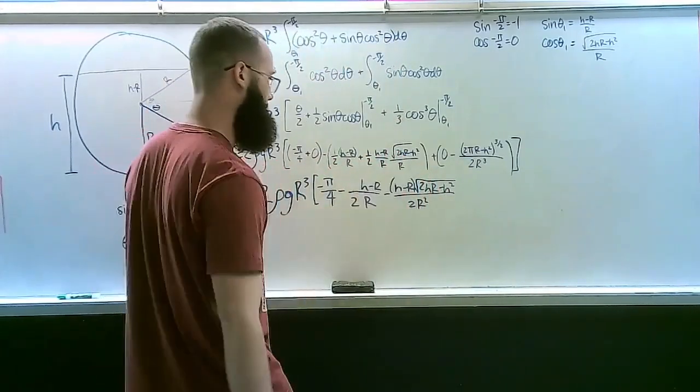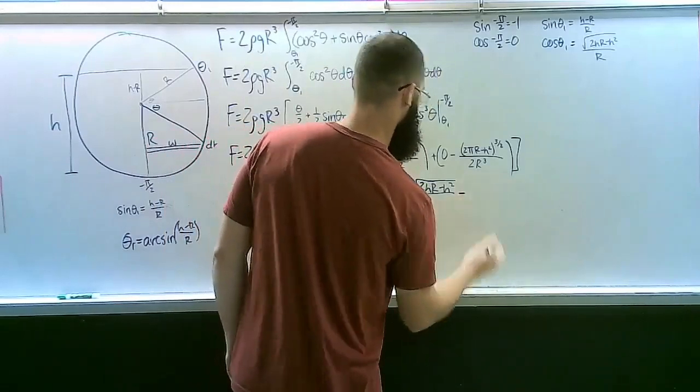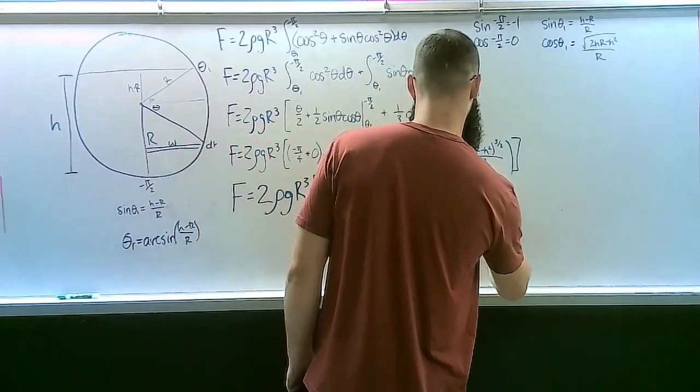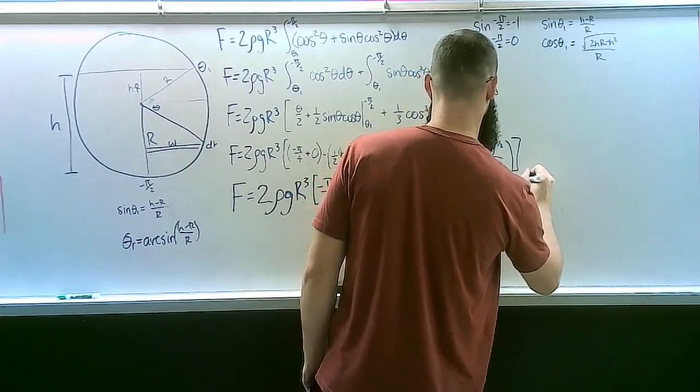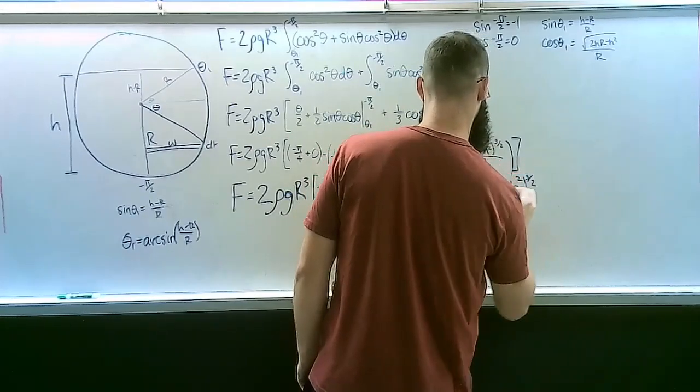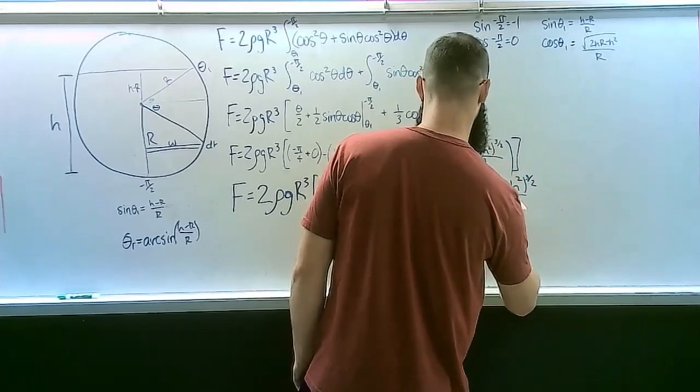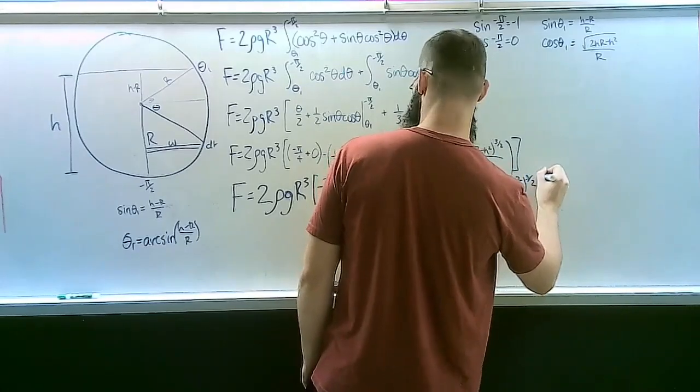We're going to combine all of those. And then minus (2hr minus h squared) to the 3/2 power over 2r cubed.